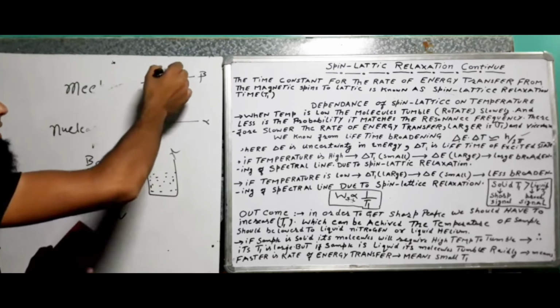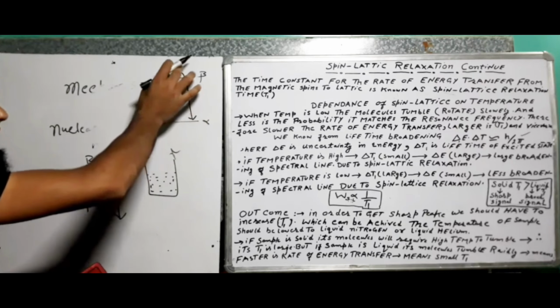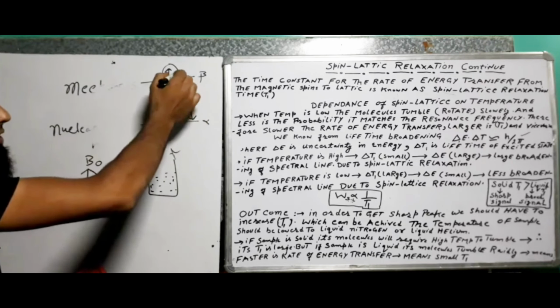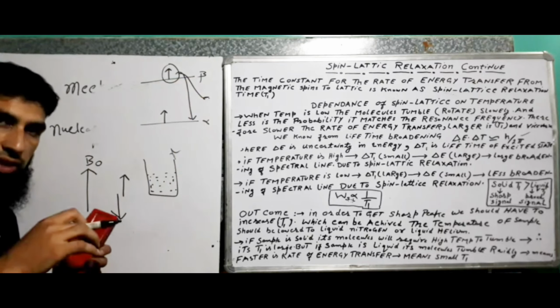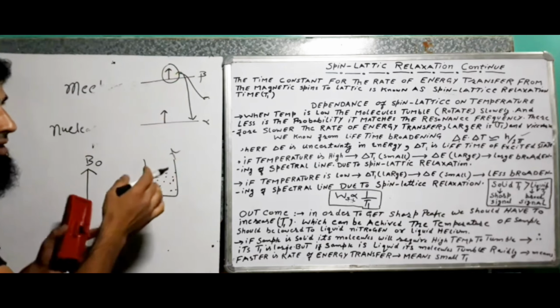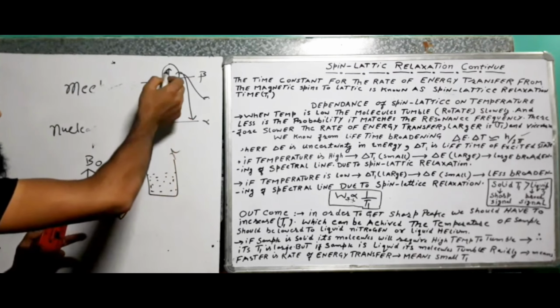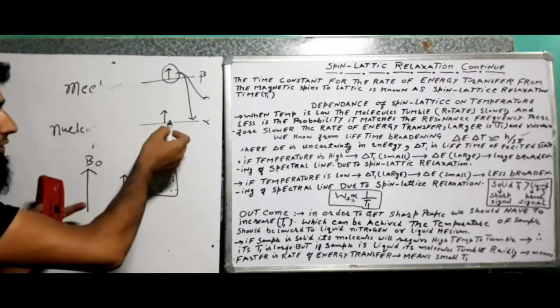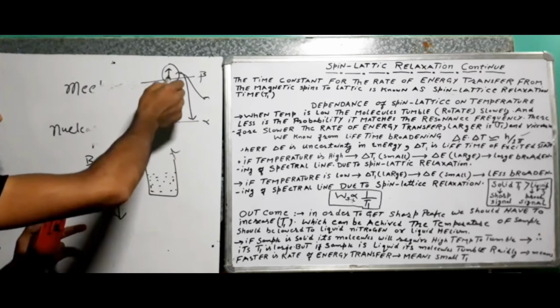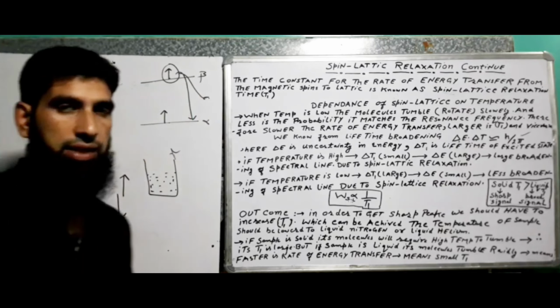Then the spin in the higher energy state relaxes into the lower energy state, and the excess energy associated with this spin goes into the lattice. Lattice means the solvent in which we have dissolved our sample. So we call this relaxation process spin-lattice relaxation, because the spin relaxes into the lower energy state and the energy goes into the lattice.